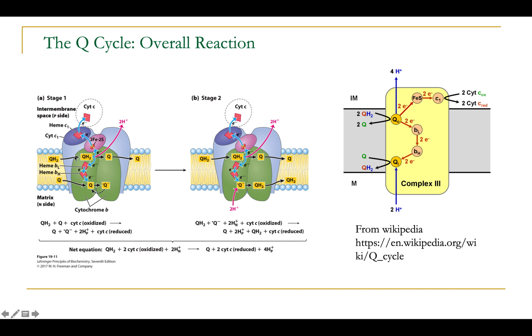So the bipartite cavity generated by the complex has two acceptor sites for ubiquinone in each half: one half can accept ubiquinone and the other half can accept ubiquinone, both on the positive and on the negative side.